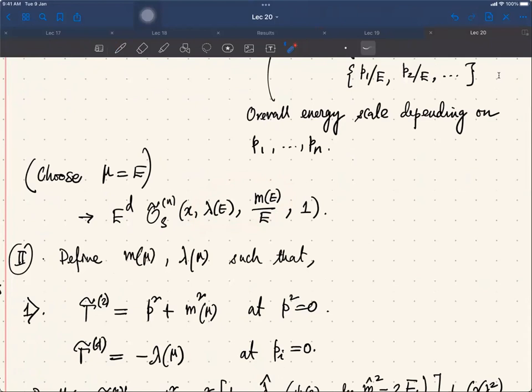And now, once that prescription is fixed, there is a precise, specific relation between the proper vertices and the renormalized couplings. Therefore, the observables, which are written in terms of proper vertices, have a specific relation with the renormalized coupling without any ambiguity.